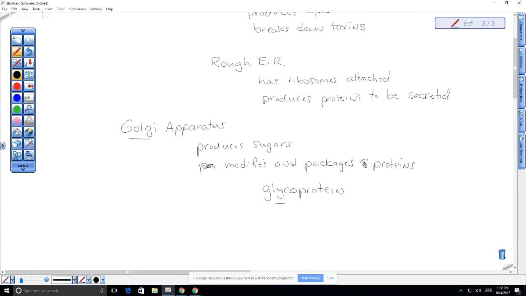One of the interesting functions of these glycoproteins is that they allow cells to recognize each other. And they're attached to the outer plasma membrane.